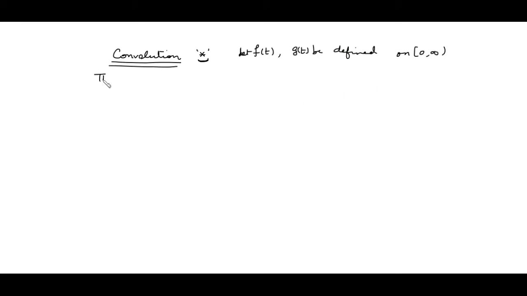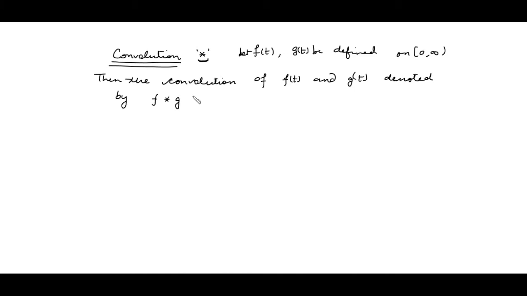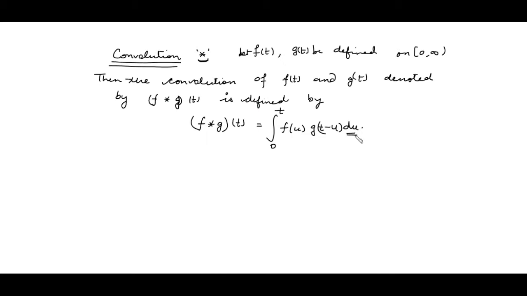Then the convolution of f(t) and g(t), which is denoted by f star g, is defined by f star g equals the integral going from 0 to t of f(u) g(t minus u), integrated with respect to u.